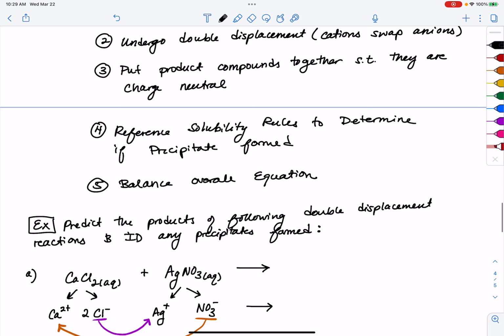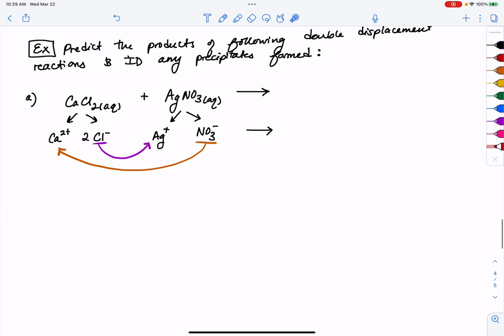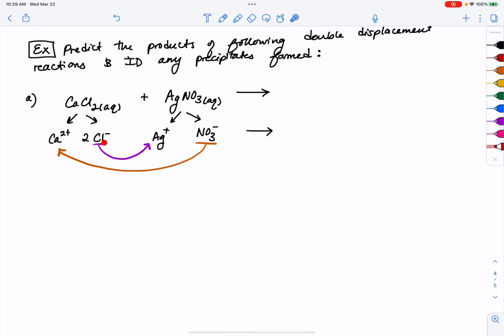So we're up on step 3, put the compounds together such that they're charge neutral, meaning I need to look at what happens when I try to couple silver with chloride, how I could put silver and chloride together so that I have an overall neutral charge. And then also the same with calcium and nitrate. So let's start with calcium and nitrate.